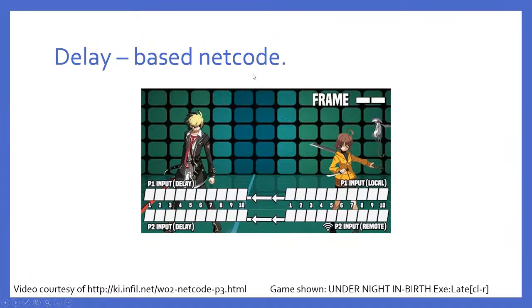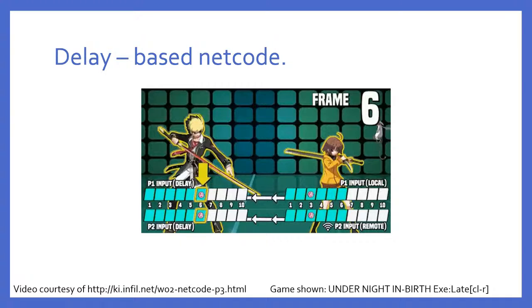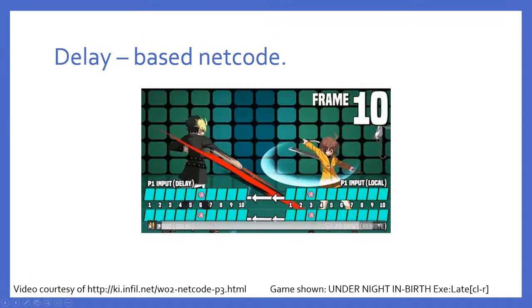The way delay-based netcode handles this is it delays the inputs by those 3 frames and then has an updated version of the game that should sync on both players' screens in order to produce the actual game state. So if I play this video right here, each player presses a button on the 3rd frame and it comes over on the 6th frame because they handle the delay with 3 frames of latency between each player.